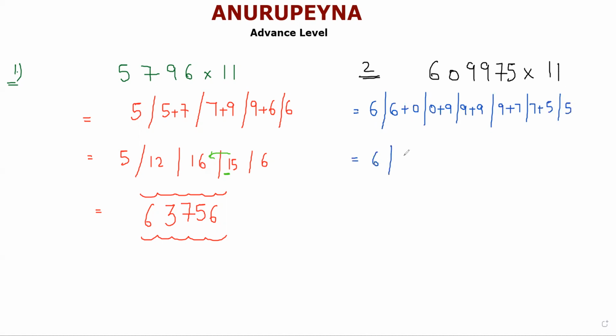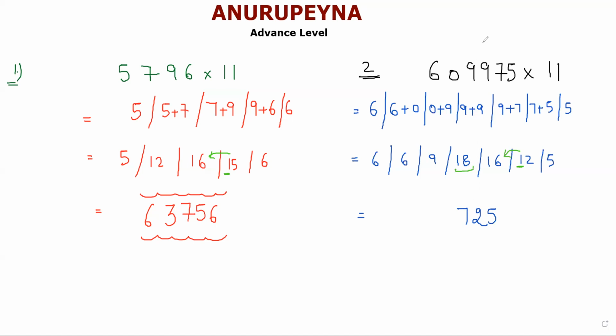So 6, 6, 9, 18, 16, 12, and 5. So there is only 5. For 12, you just keep 2, and then 1 to be carried over to 16, and 16 and 1 would become 17. So you keep 7 of 17, and 1 again to be carried over to 18.